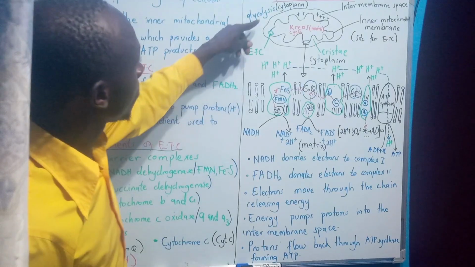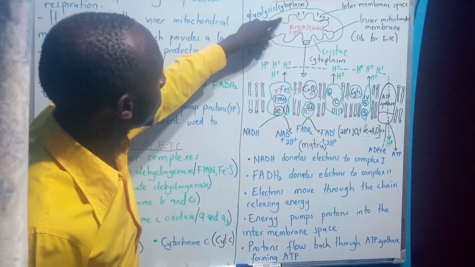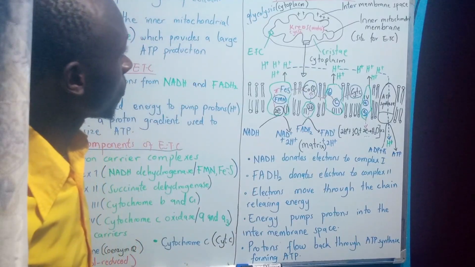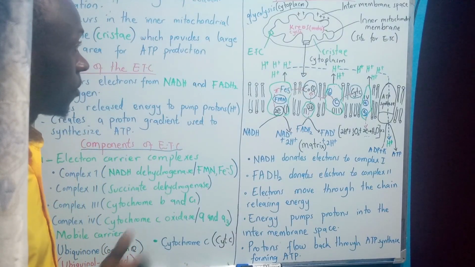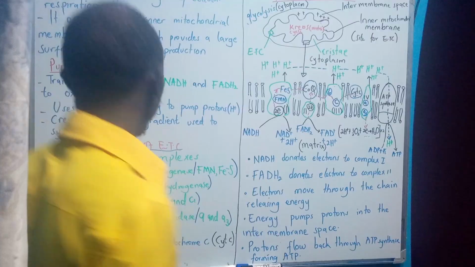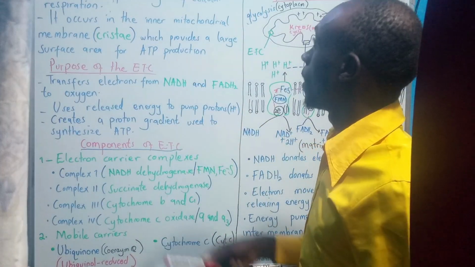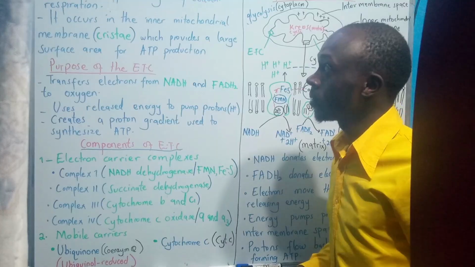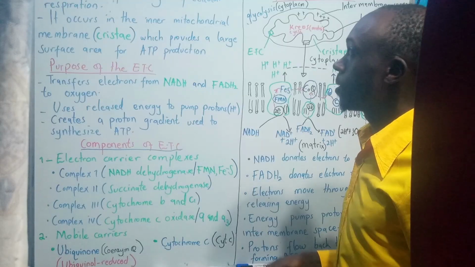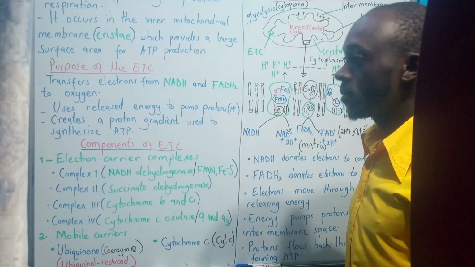In between the two membranes, we are having what you call the intermembrane space, and we are going to see what is going to be taking place generally from there. The electron transport system marks the final stage of cellular respiration. Cellular respiration has mainly three stages.